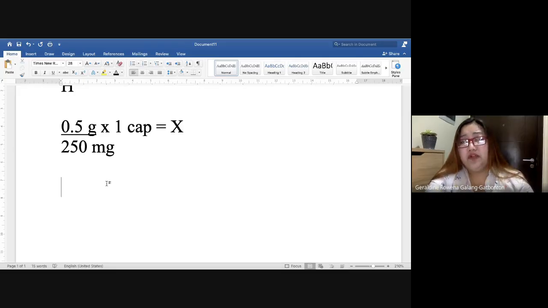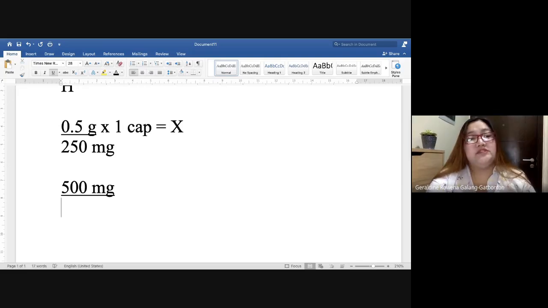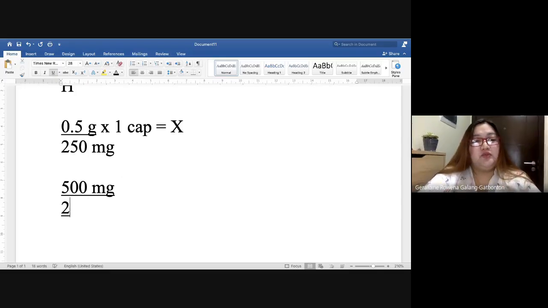So pag kinonvert nyo ang 0.5 grams to milligrams, the answer is 500 milligrams. Okay? You can only divide if the unit of measurement is the same. So D, or desired dose, is 500 milligrams. Your dose on hand, or the stock dose, is 250 mg.